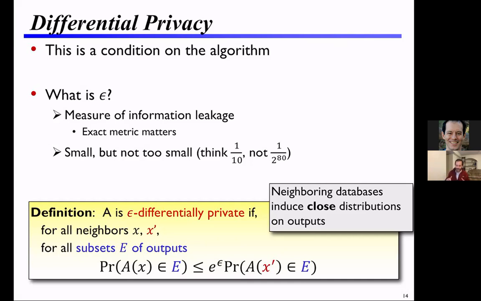We'll see a little later, in a few lectures maybe, why this multiplicative measure is used. But for now, just think of it as some measure of how close the distributions are, and think of it as a small number, but not super small. So think of it as maybe 1/10, or 1/2, or 1/4, or 1 in 100, but not 1 in 2 to the 80, not cryptographically small.